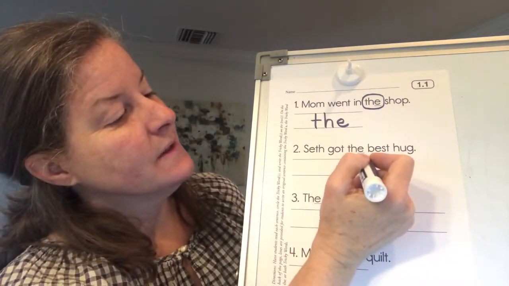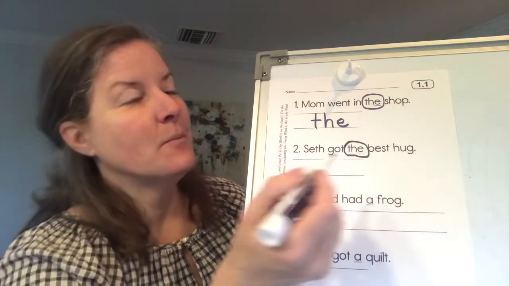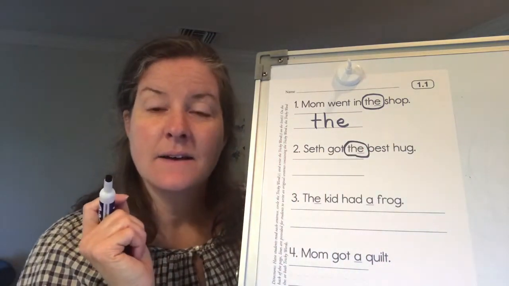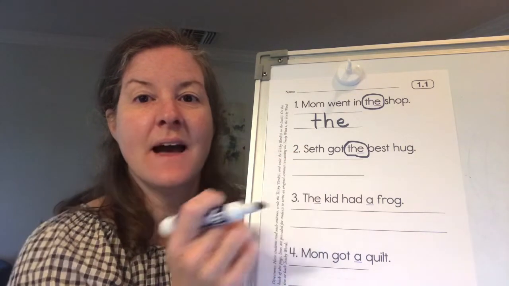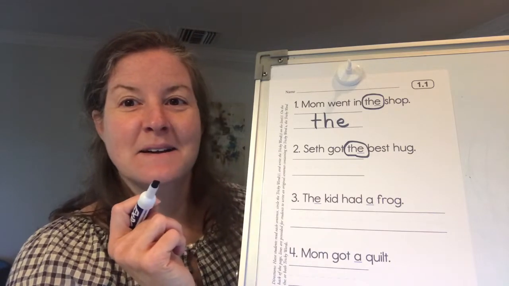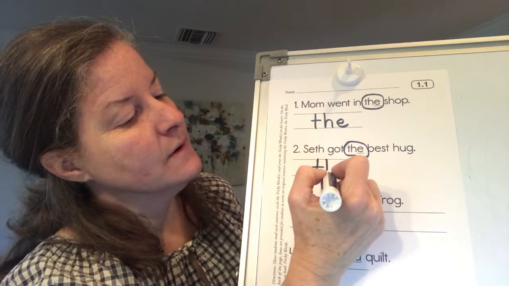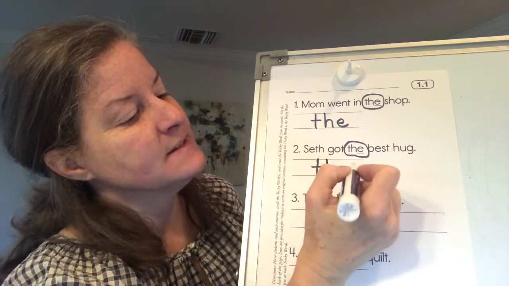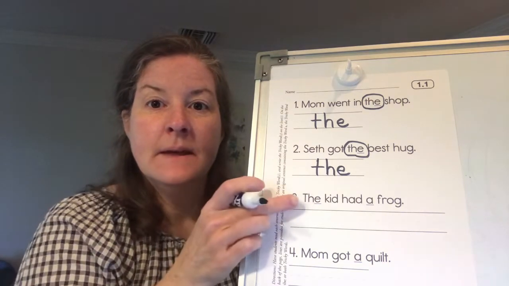It's the word the. Again, the E is underlined in those to remind you that the E says uh and not ee. That would sound silly, wouldn't it, if we said Seth got thee best hug. That doesn't make any sense, does it? So even though this is a tricky word, this is one that kind of makes sense to us because we say the word the all the time.